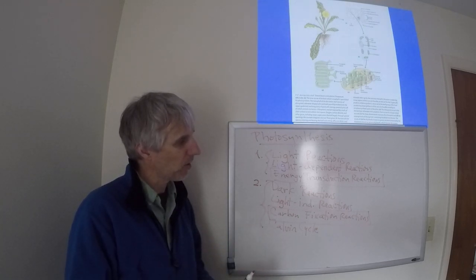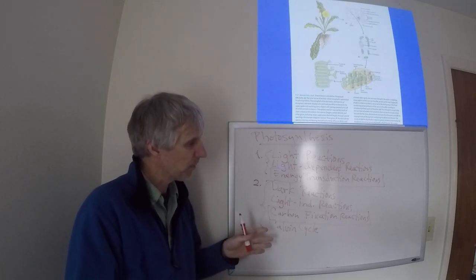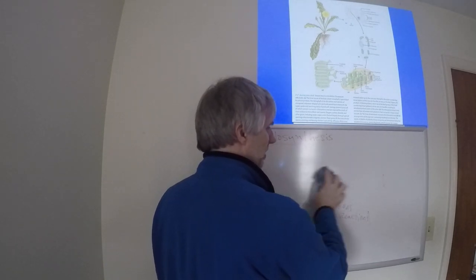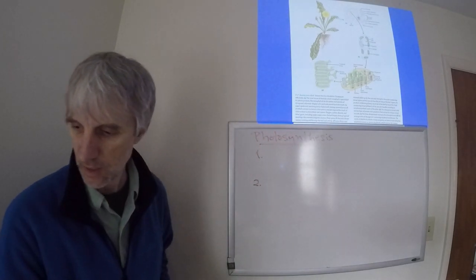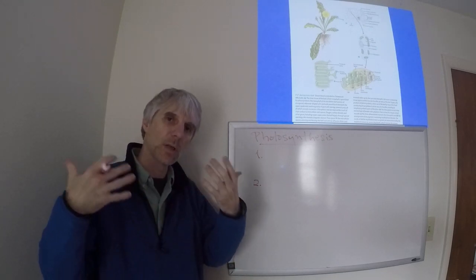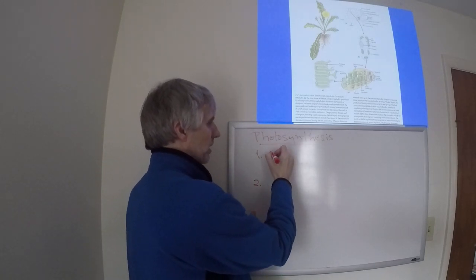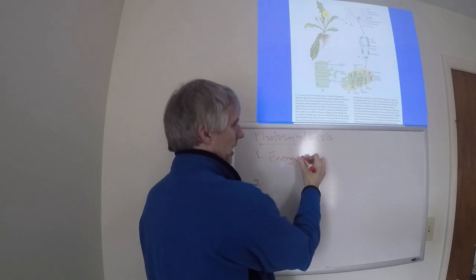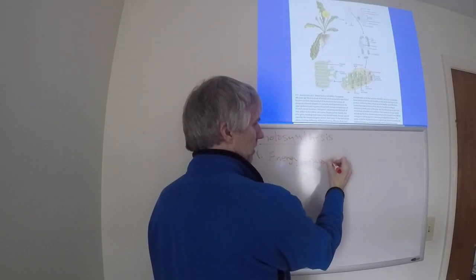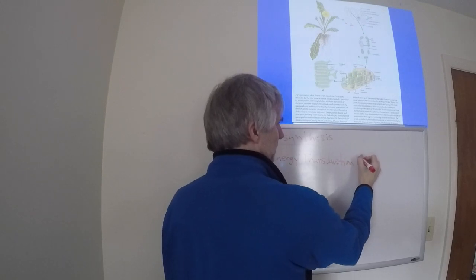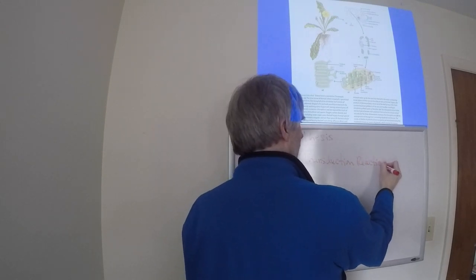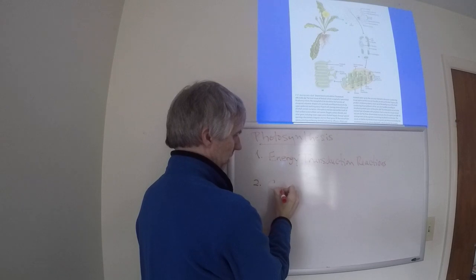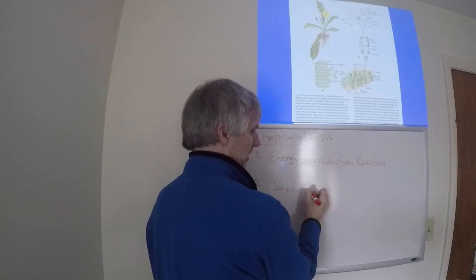Let's do now is talk about these two sets of reactions in a very general way, kind of like a SparkNotes or CliffsNotes approach here. So these are the energy transduction reactions. And here are the carbon fixation reactions.